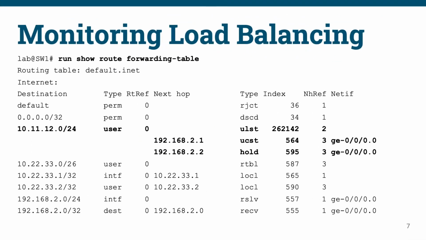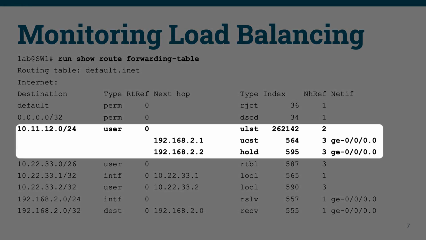In this example output of the show route forwarding-table command, we can see that there's a single destination prefix which has multiple next hops available. The 10.11.12.0/24 prefix shown here shows two valid next hops, 192.168.2.1 and 192.168.2.2.